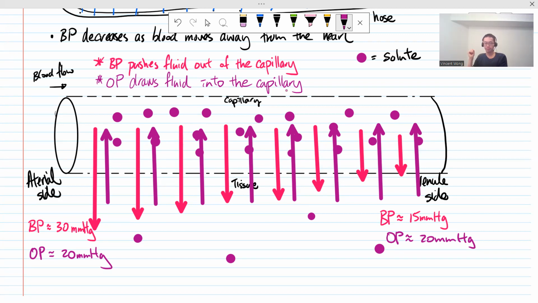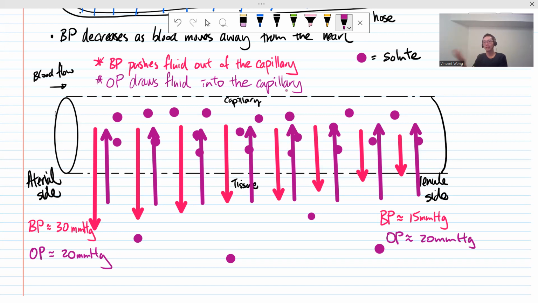Quick question. So the pinkish arrows are just random fluid that's in the blood that just wants to go out, or why does it want to leave? The pink arrows, yeah. So the pink arrow represents the blood pressure that's pushing out the fluid.